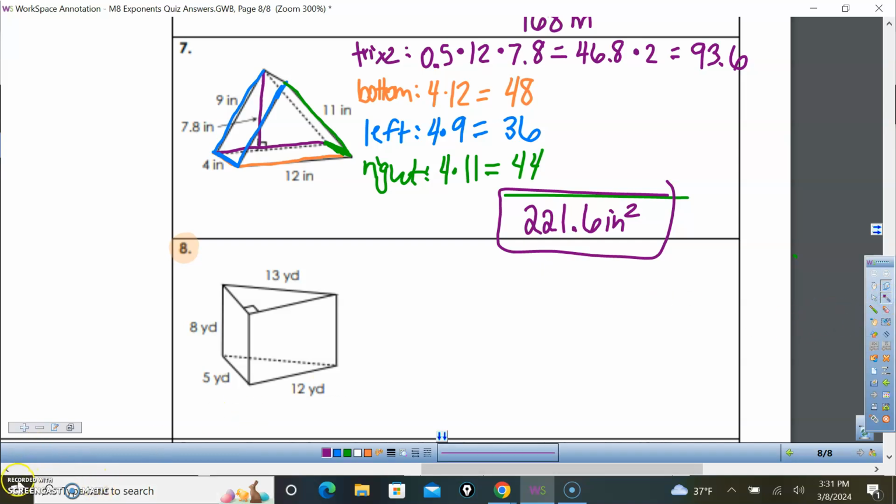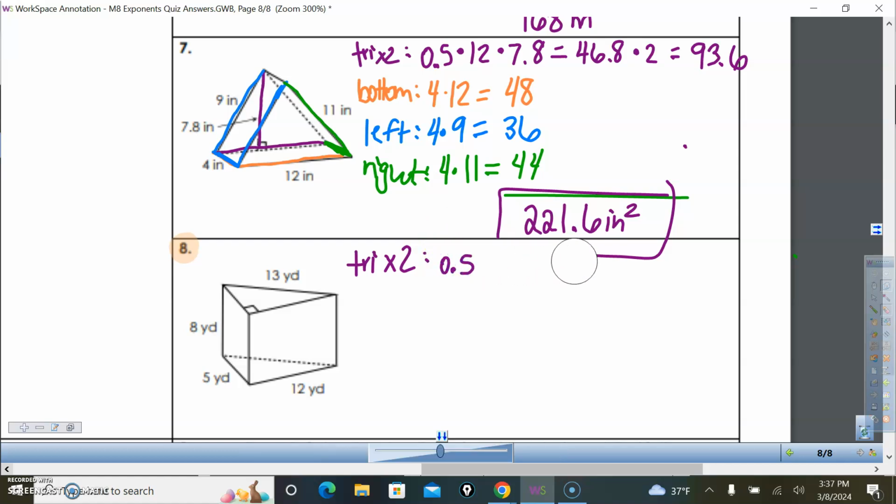So for number 8 here, just like always, I highly recommend that you start with those triangles. So I'm going to start with my 0.5 or my 1/2 for my triangle here. Angles, you guys always have to form that right angle, which luckily this one has. So I'm going to follow that right angle up.